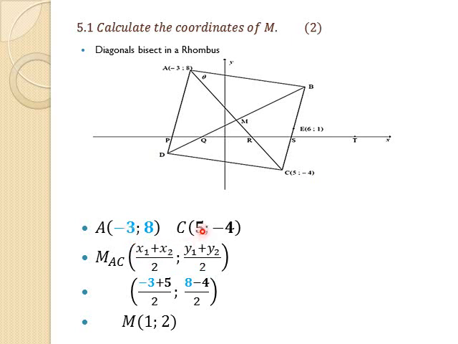So (-3 plus 5) divided by 2, (8 minus 4) divided by 2. 5 minus 3 gives me 2, 2 divided by 2 gives me 1. 8 minus 4 gives me 4, 4 divided by 2 gives me 2. So the coordinates of M are x value 1, y value 2.